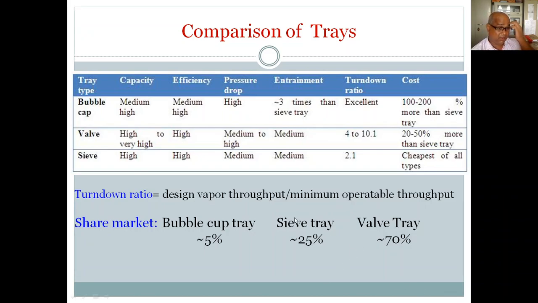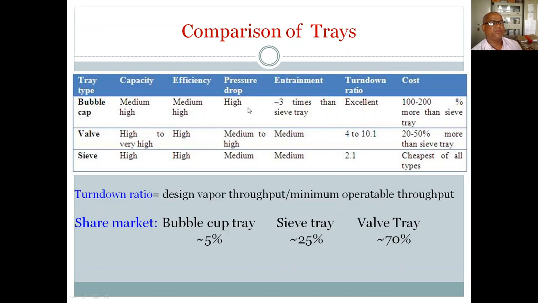And bubble cap is the worst. In the share market bubble cap is only 5% because of its disadvantages: cost is higher, entrainment is higher, and capacity is also not so high.